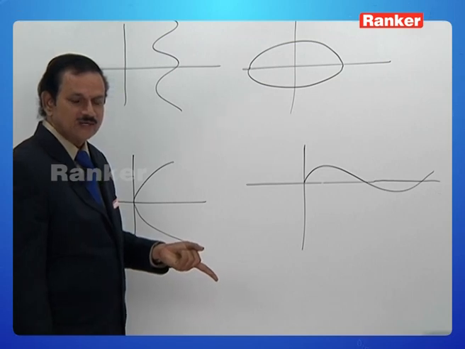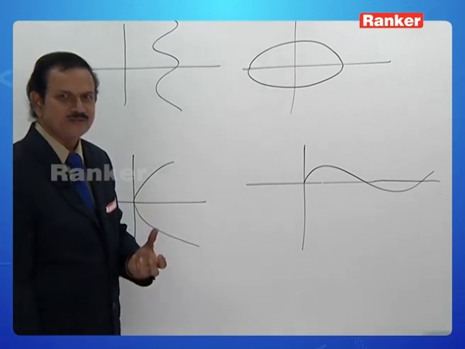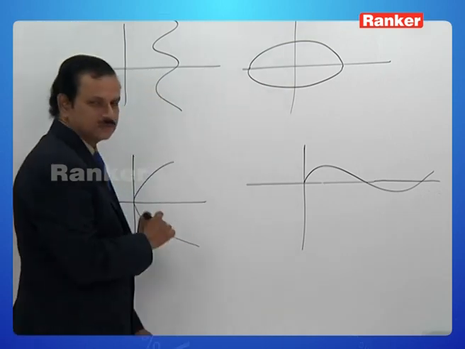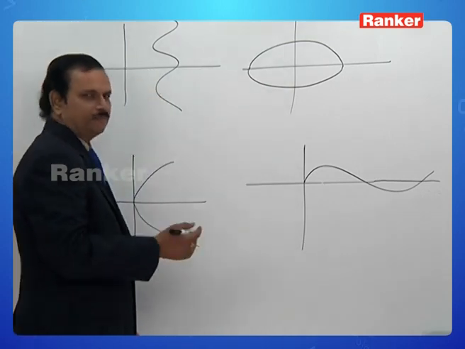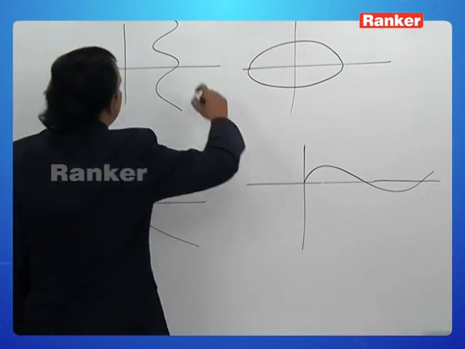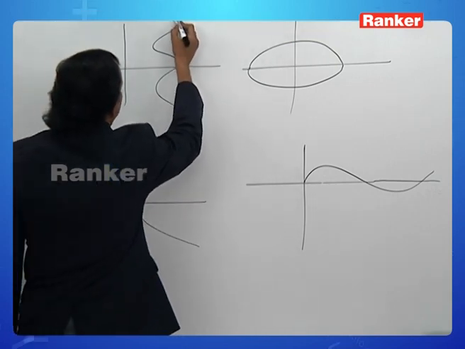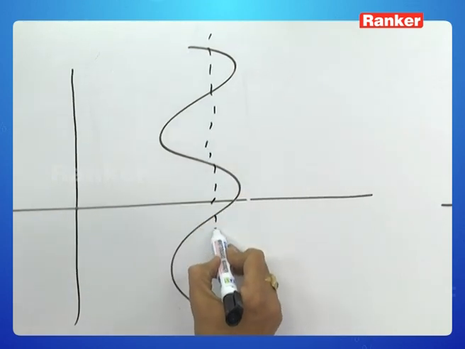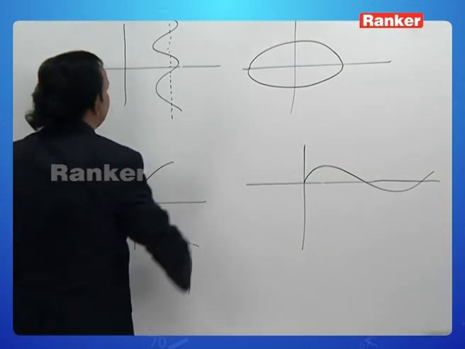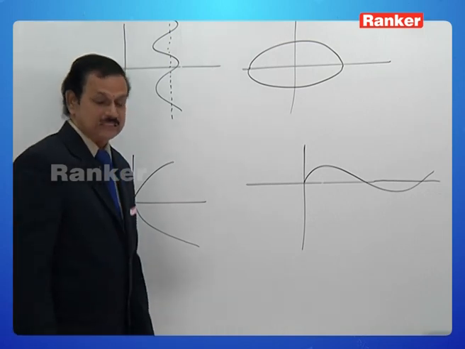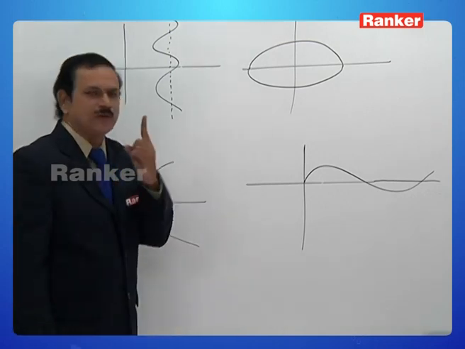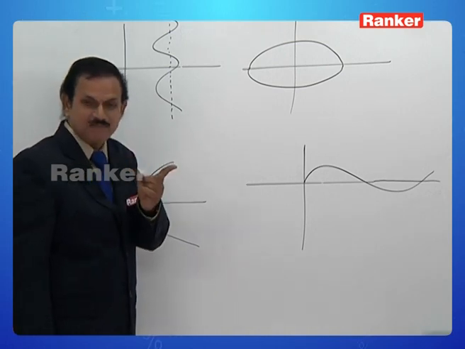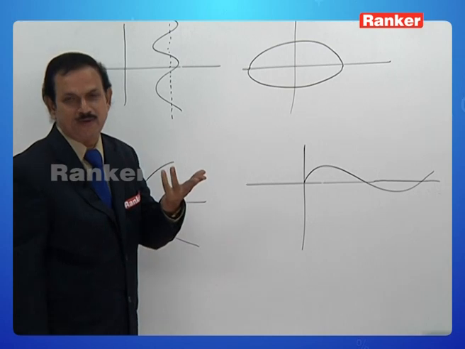Why? Because how to make the judgment, how to decide. Look here, if a graph like this is given, how to take the decision? If you draw a vertical line, that is a line parallel to the y-axis, then it must cut the curve at most at one point.